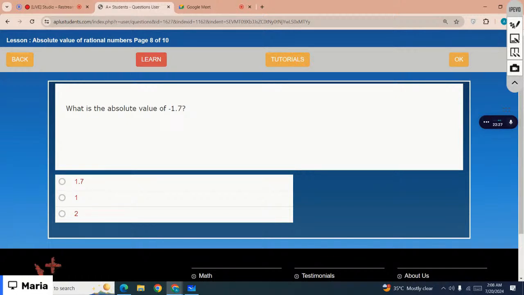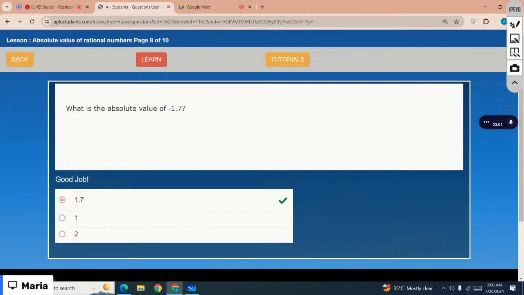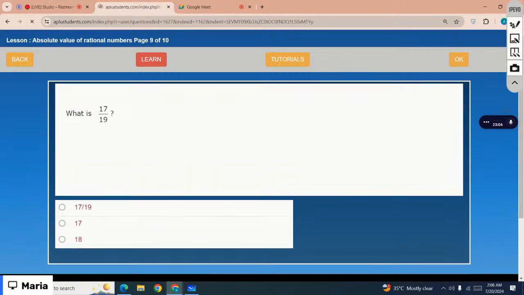What is the absolute value of negative 1.7? So, which is the correct option? That is 1.7. Option number 1 is the correct option.